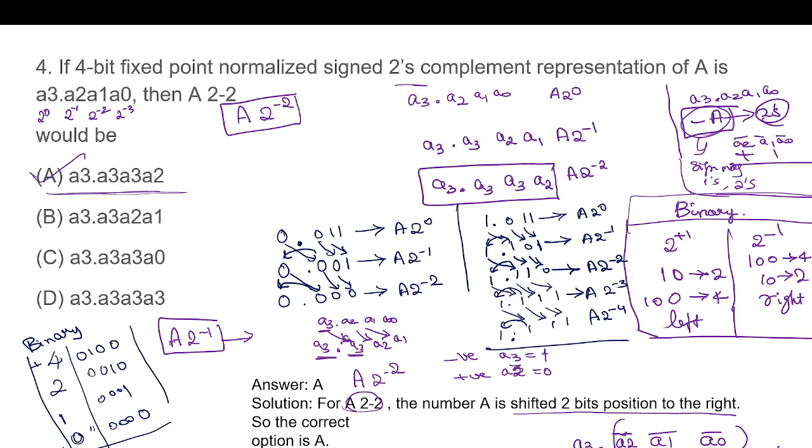Ma'am, then which bit will be shifted to the right side? Means after the decimal point towards the right. Minus a you need not shift. If you want to multiply with any 2 to the power of a negative number, then you have to shift to the right. Okay. For minus 1, 2's complement or 1's complement.